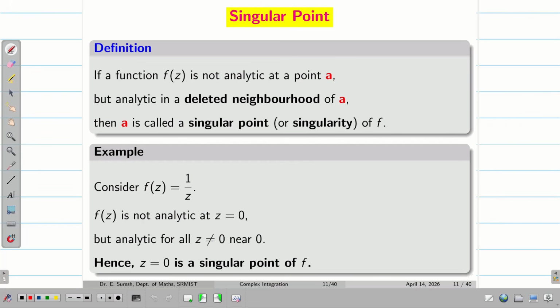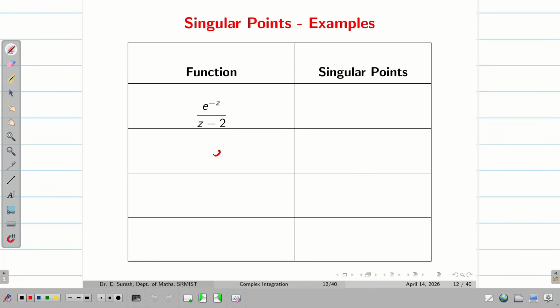Next, let us see some examples. We'll try to find the singular points of the given functions. Here the given function is e power minus z divided by z minus 2. When you see the numerator, e power minus z is analytic everywhere. It is an entire function. But for the denominator z minus 2, we have to check whether there is any singular point. To find the singular point, take the denominator and equate it to 0.